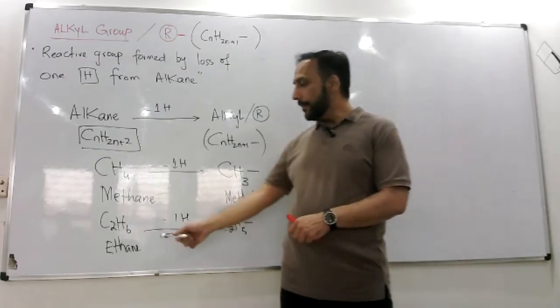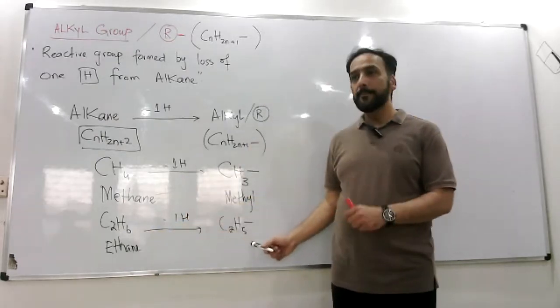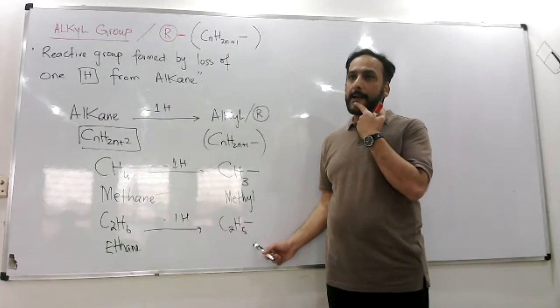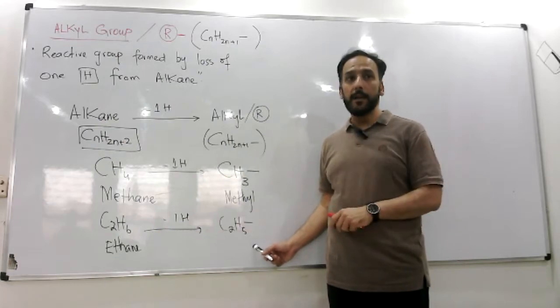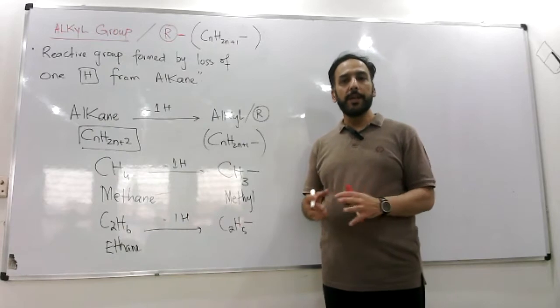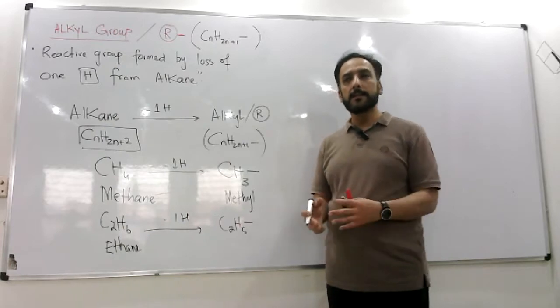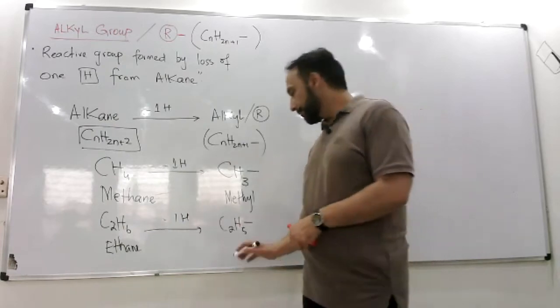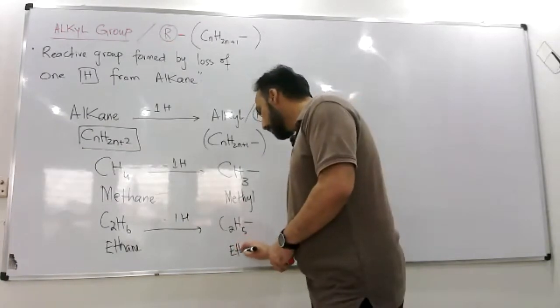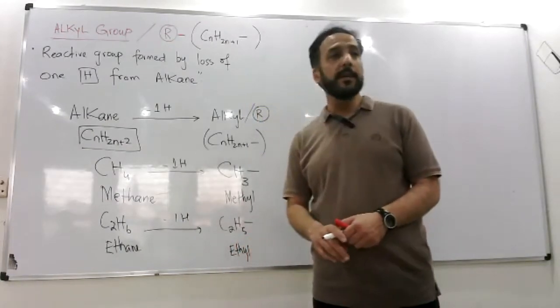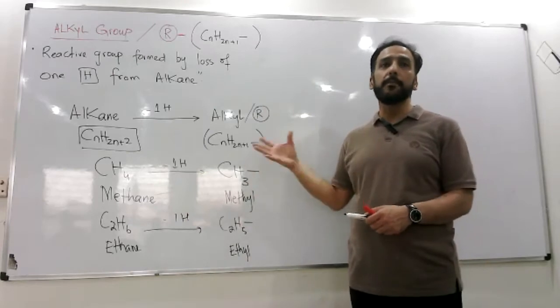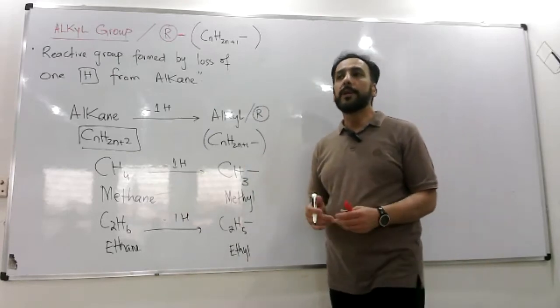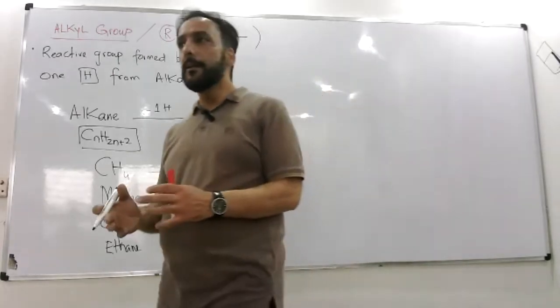What do you call this? Ethyl. You just change ANE with YL. That's it, ethyl. We will need it in naming, especially methyl, ethyl, propyl, and butane becomes butyl.